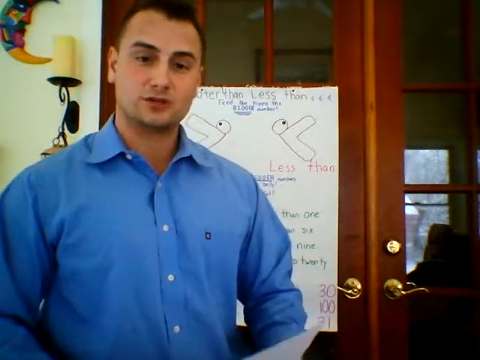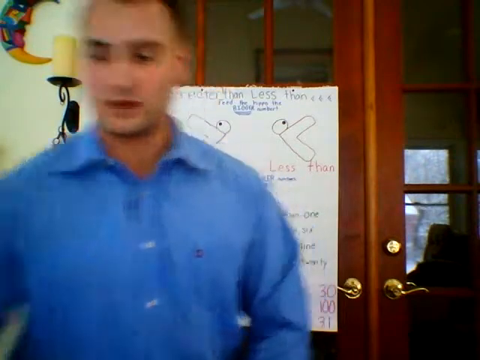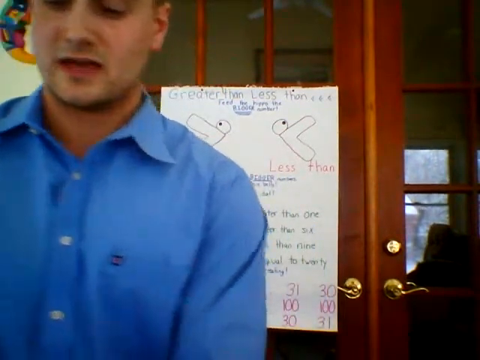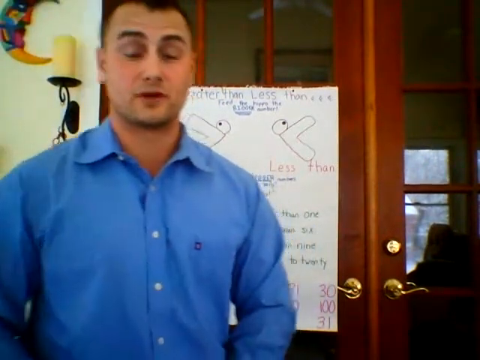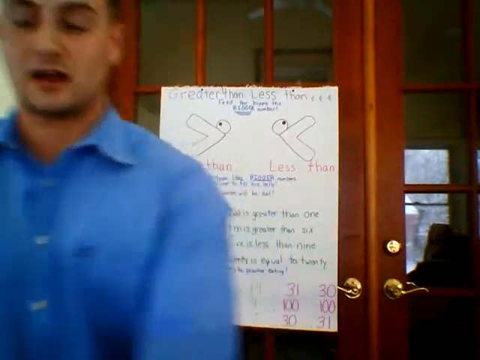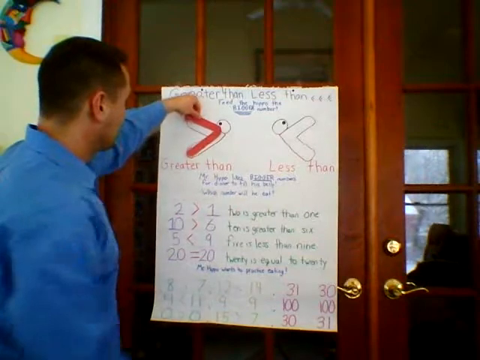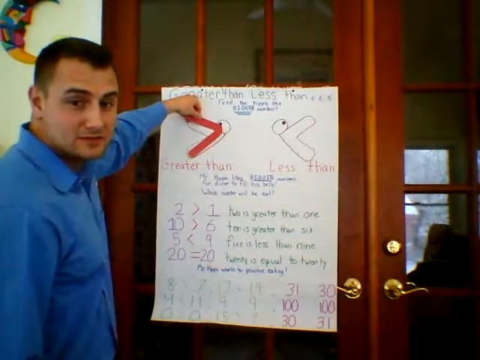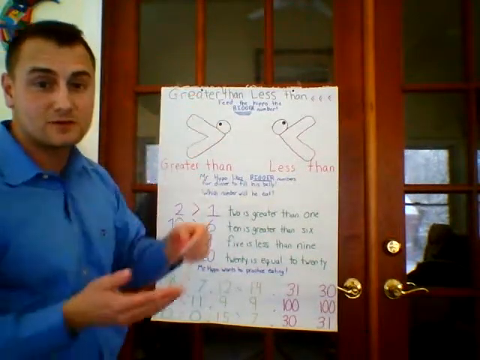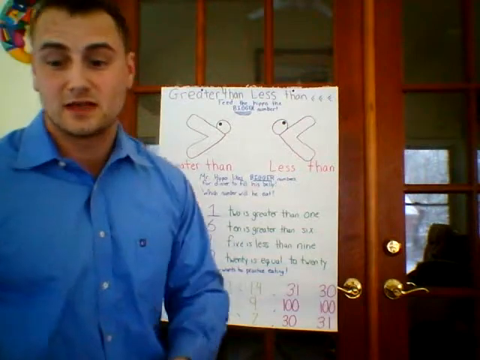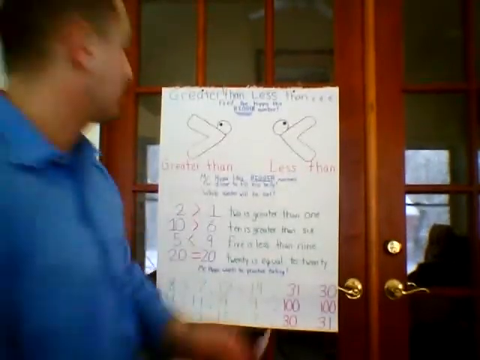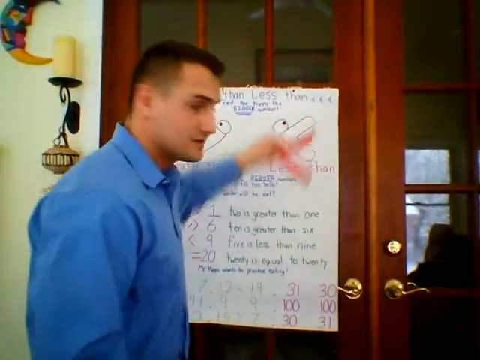Right here I have my worksheet. Before I get to my worksheet, I just want to explain what I can do to differentiate my lesson. Right here I have my greater than prop that I can give out also to students on their desks. And I have my less than prop here that students can use.